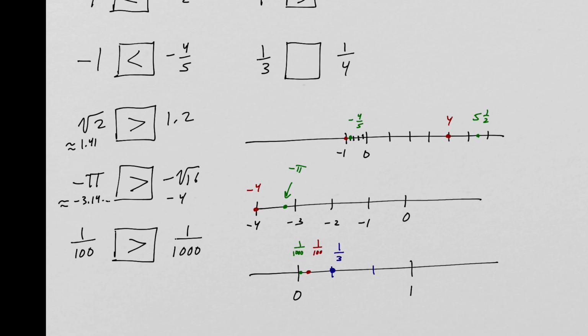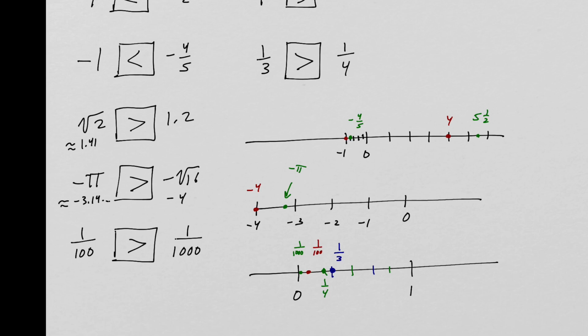And then 1/4 is if I split it up into 4 pieces, so it would be half, half, half. So 1/4 is right here. Since 1/3 lies to the right of 1/4, it's greater than.